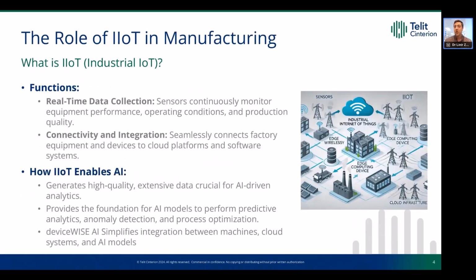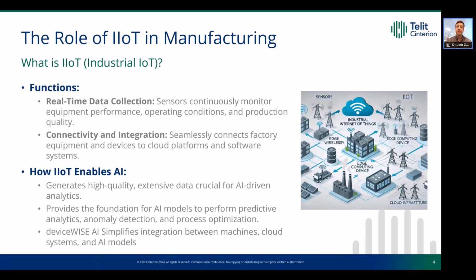So, the role of IIoT in manufacturing. What is IIoT? It stands for Industrial IoT, or Internet of Things. Because we have so much data coming through all of the different sensors, all the different PLCs, robots, the factory becomes much heavier in terms of data.